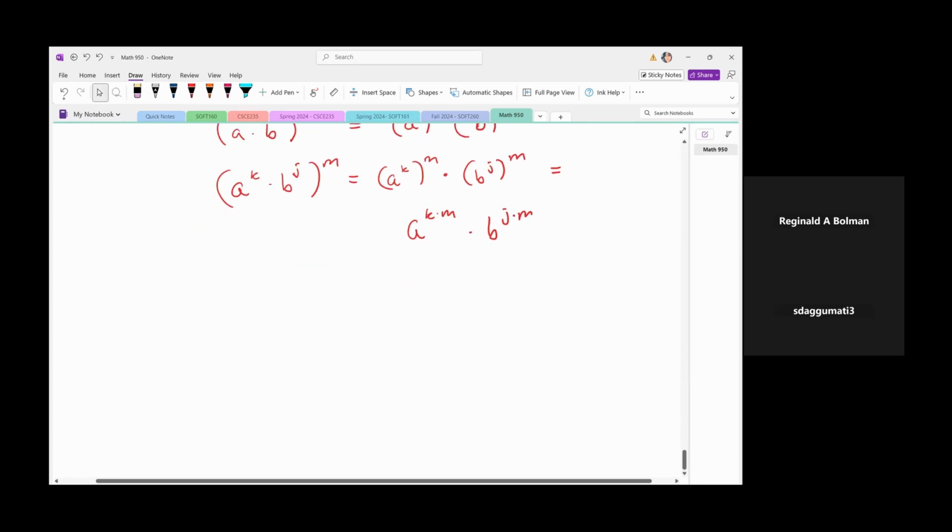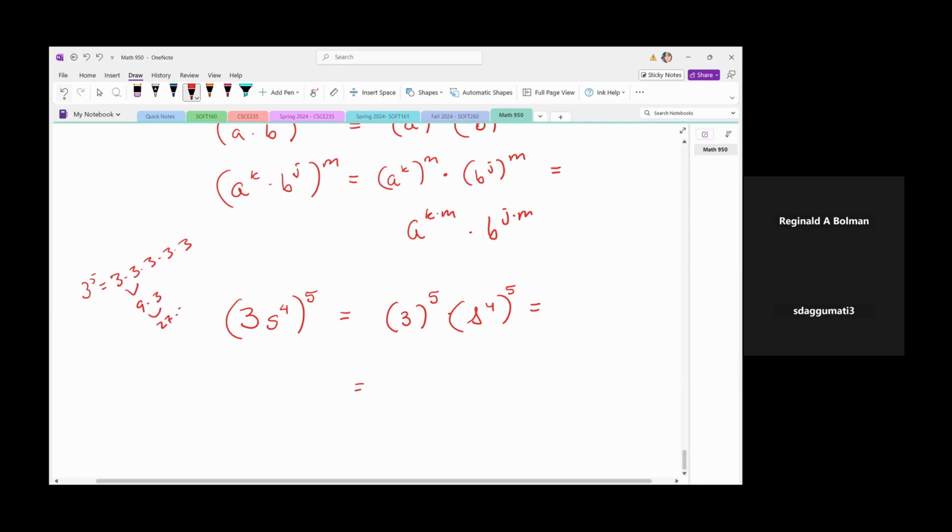Okay, an example of this would be if you have 3 s to the fourth and you raise it to the fifth power. By the exponent distribution law, you take each of your numbers inside your parentheses and raise it individually to a specific power. So you take 3, raise it to the fifth power. So 3 to the fifth, of course, is 3 times 3 times 3 times 3 times 3. 3 times 3 is 9. 9 times 3 is 27. 27 times 3: 3 times 7 is 21, 3 times 2 is 6, plus 2 gives you 8.